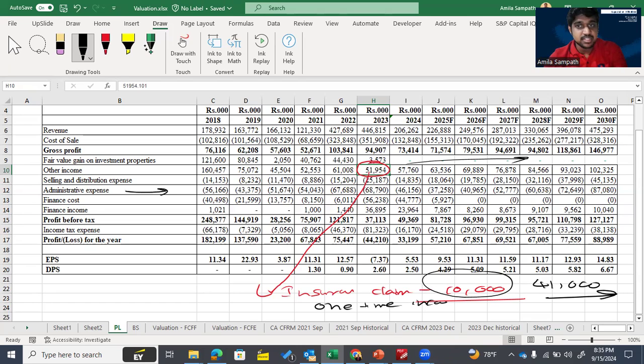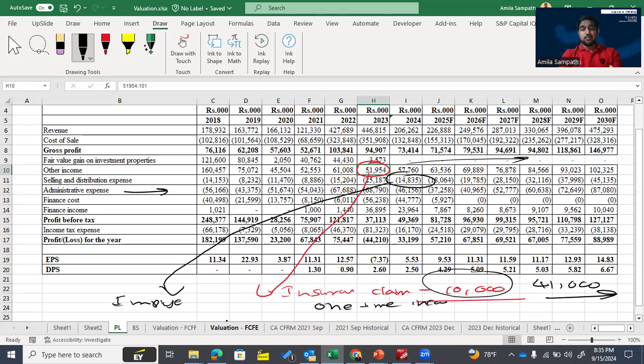Let's assume our administration expense for financial year 2024 is 14,000, and it includes some employee compensation.